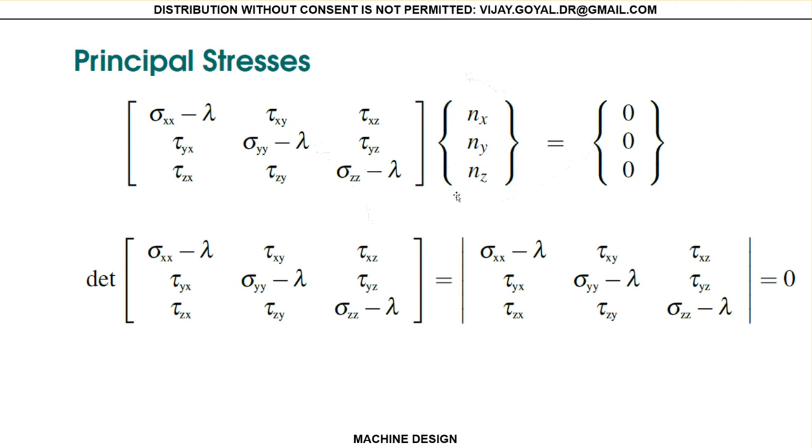My unit vector can never be 0. It's always equal to 1, right? That's the basics. If I take the norm of my unit vector, you will get 1. So that cannot be 0. The only other alternative I have is to set the determinant of this equation to 0.